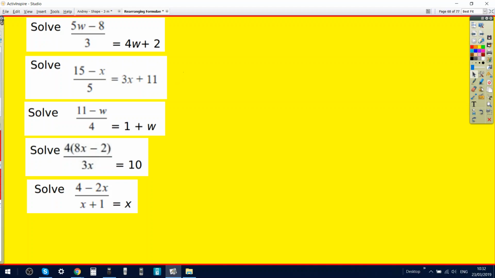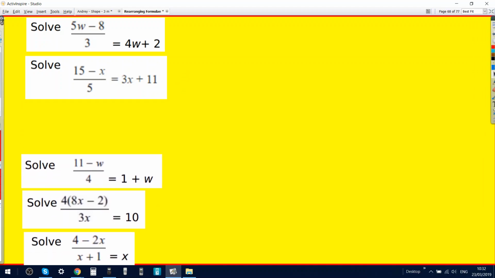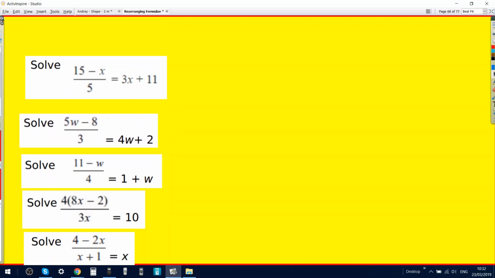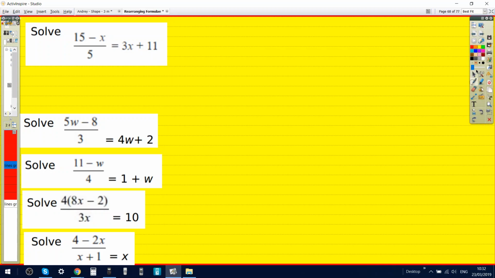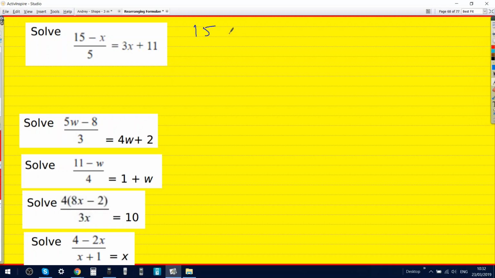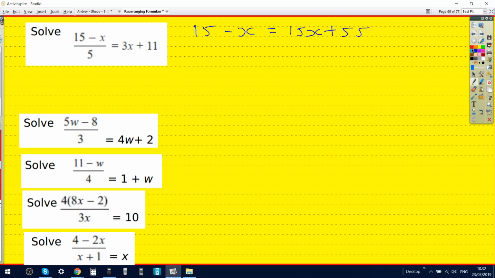Okay, what would be the second one? So that would be 15, take away x equals 15x plus 55. So next would be 15 equals 16x plus 55.